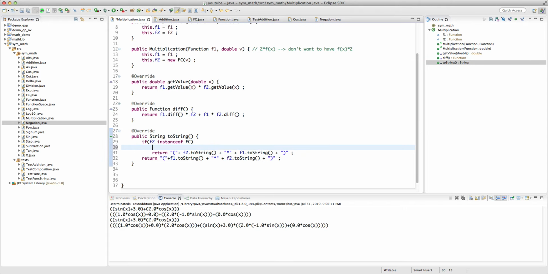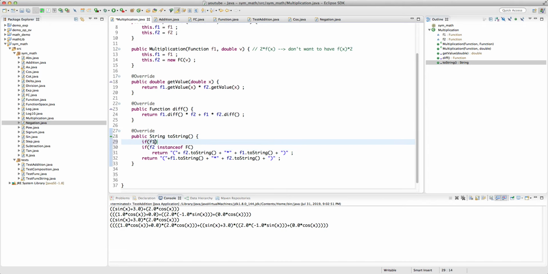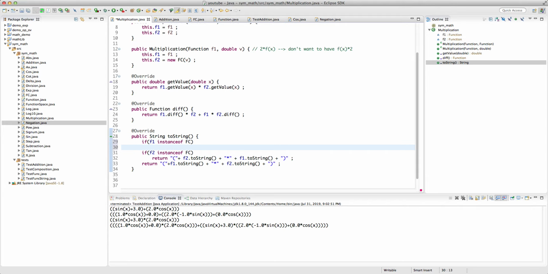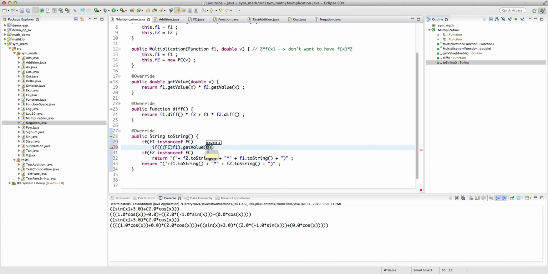basically the fact that if f1 instance of basically fc, we can check the if we do a typecasting f1 and then get value at some point, let's say 0 or whatever, doesn't matter.